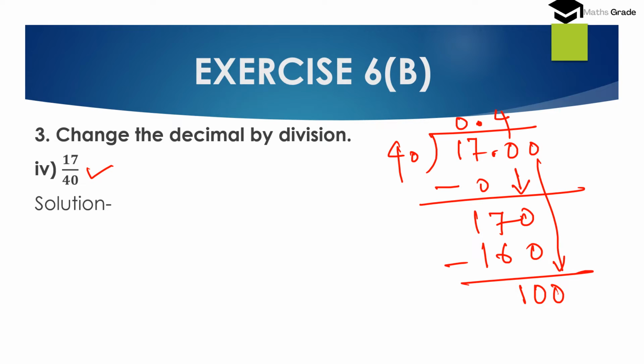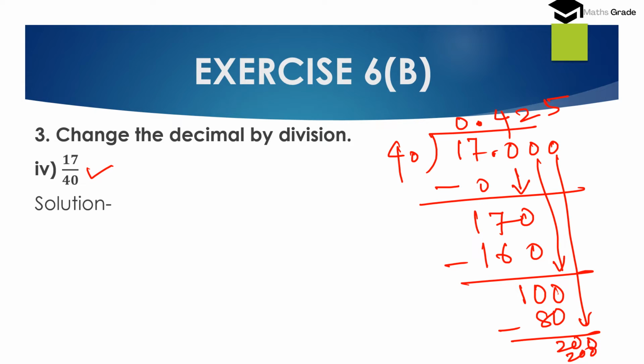Now in the table of 40, 40 multiplied with 2 is 80, and 40 multiplied with 3 is 120. 120 is more than 100, so we have to multiply 40 with 2. 40 multiplied with 2 is 80. Now 100 minus 80 is 20. Now write this 0. And in the table of 40, if we multiply 40 with 5, we get 200.